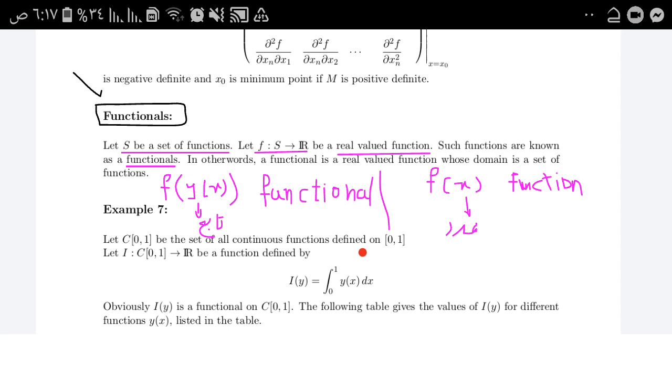This is the difference between function and functional. تفاوت بین فانکشن و فانکشنال به این صورته.